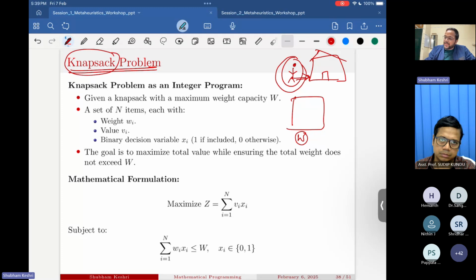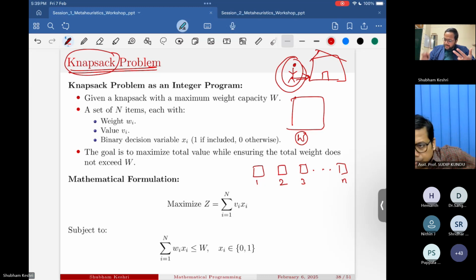He has to decide whether to pick an item or not, because an item when picked takes some capacity in his bag, and each item has some value. So suppose there are n items, item 1, 2, 3, up to n. Each item has two associated things: one is the value it holds, and one is the weight it carries.